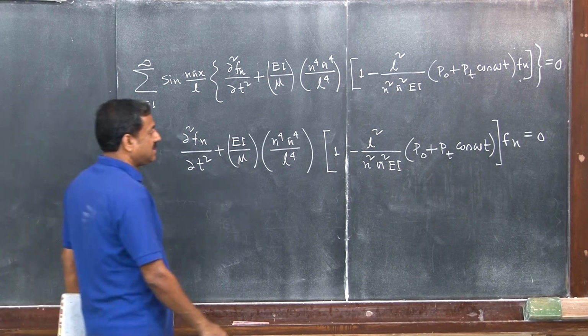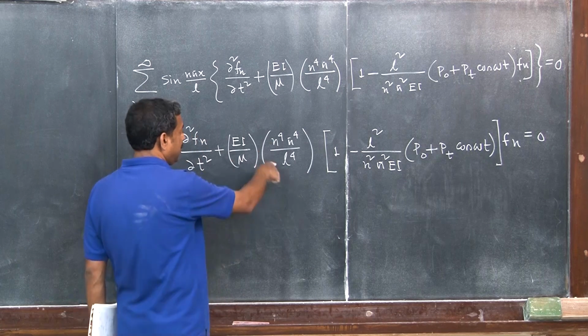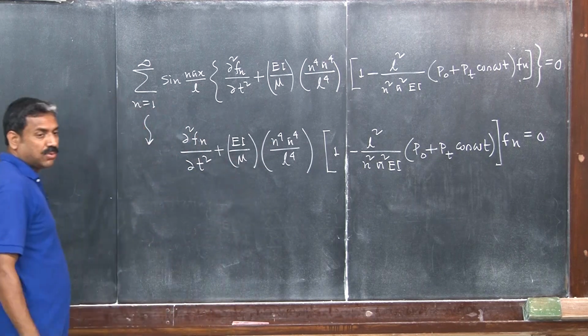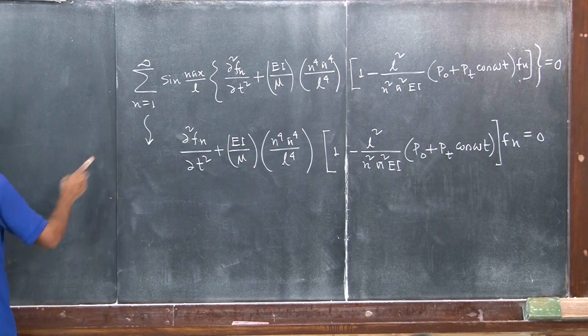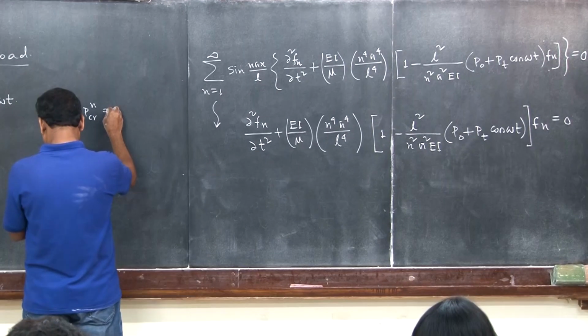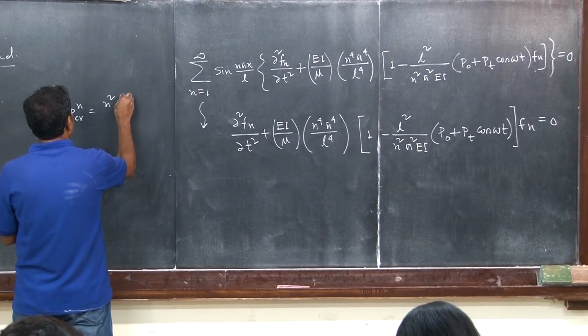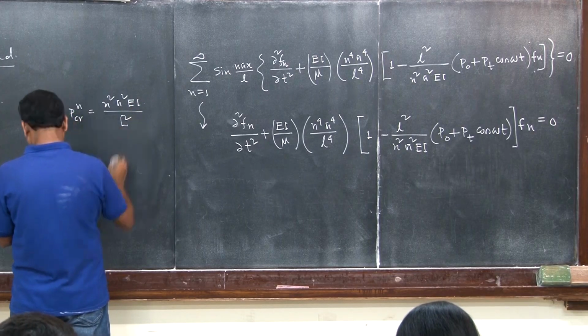You can understand that pi square EI by L square is nothing but P critical. Here also you can write P critical. We will simplify this subsequently. Now we will use certain quantities to simplify it. We define the critical load for the nth mode as n square pi square EI upon L square. This is P critical.